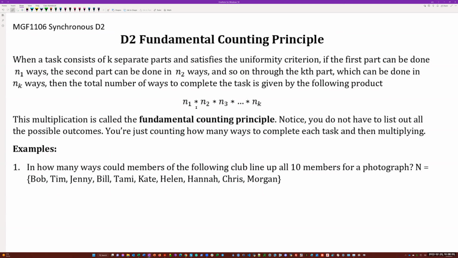If you're getting a salad and there's 4 different types of lettuce, and 3 different types of tomatoes, and 5 other types of vegetables that you could include or not. You get what I'm saying? If we had to pick one of each of those things, we would just multiply the numbers. That's all this is saying here. Does that make sense? All right.